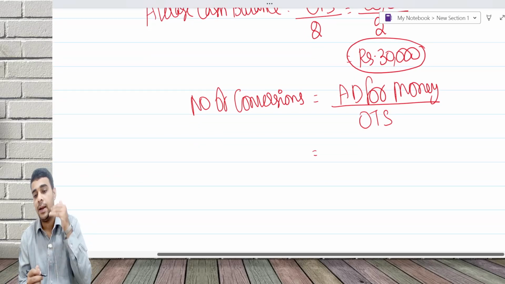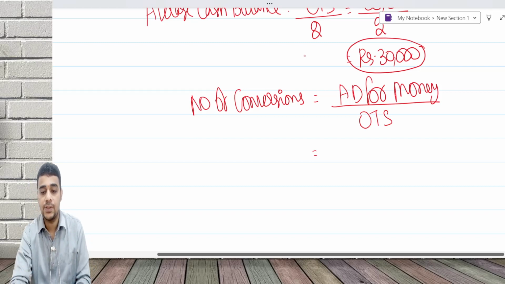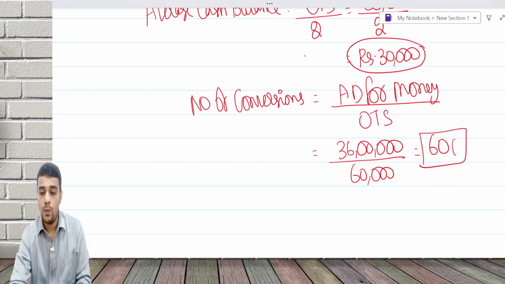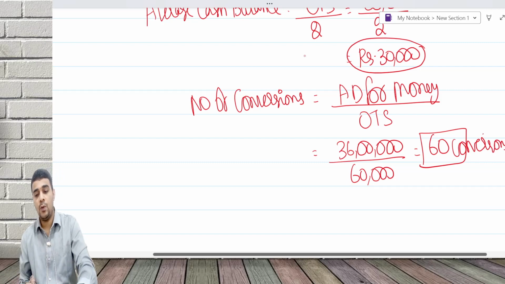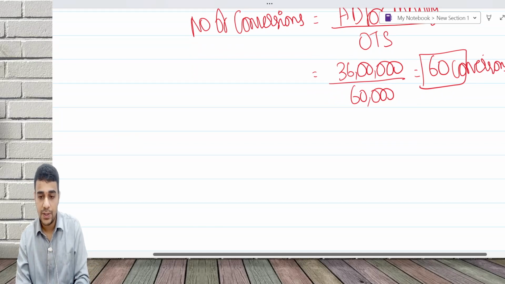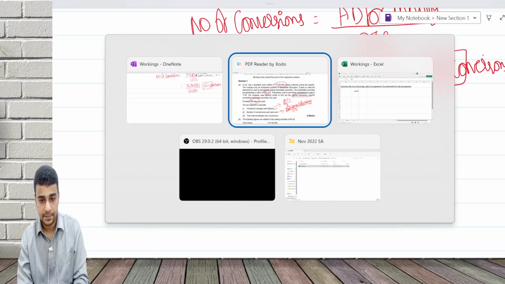Here it's annual demand for money by optimum transaction size. 36 lakh divided by 60,000. 60 conversions in a year. 60 conversions will have to be done in a year.